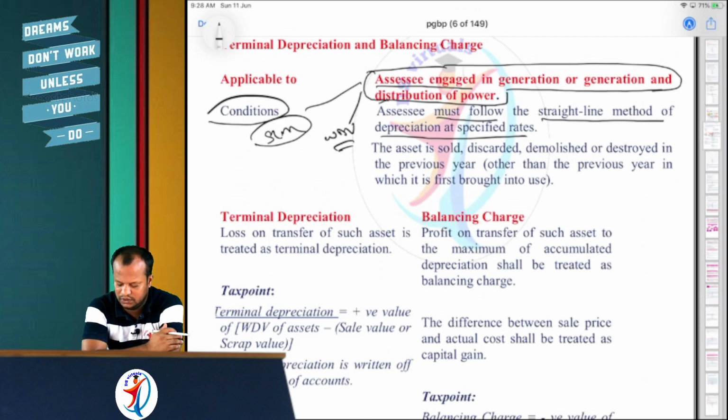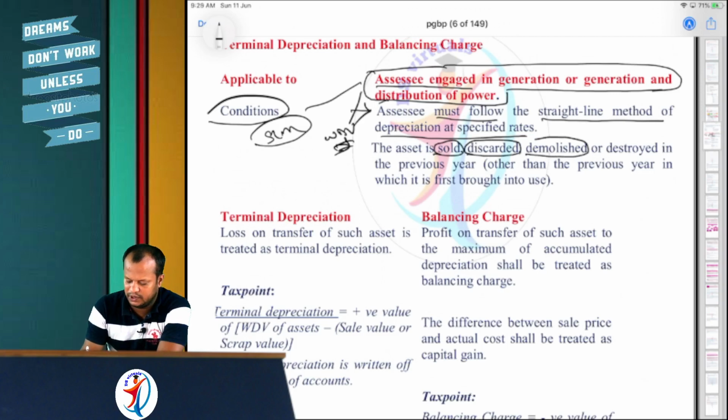The second condition is the asset must be sold, discarded, demolished or destroyed in the previous year other than the previous year in which it is first brought into use. Are you getting the point?